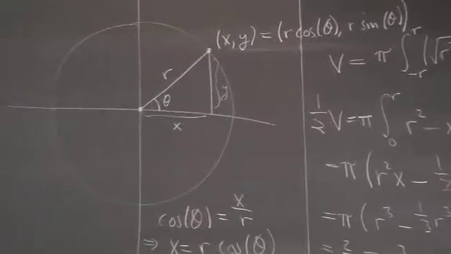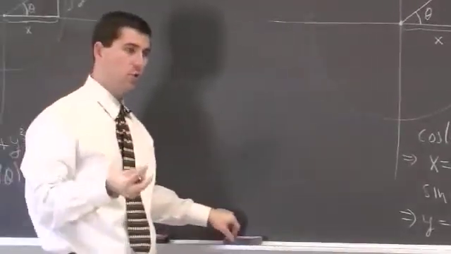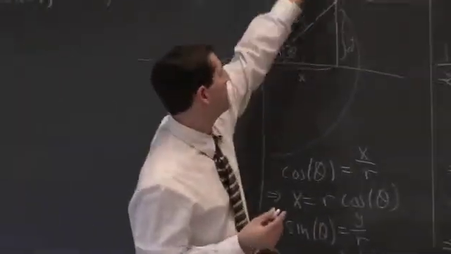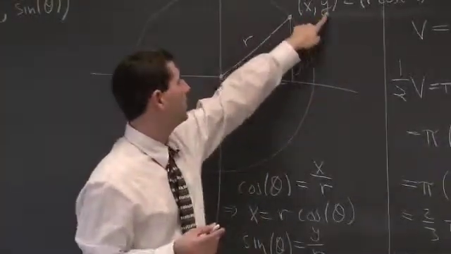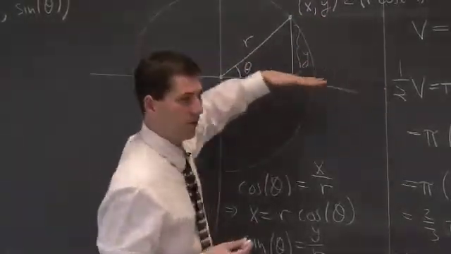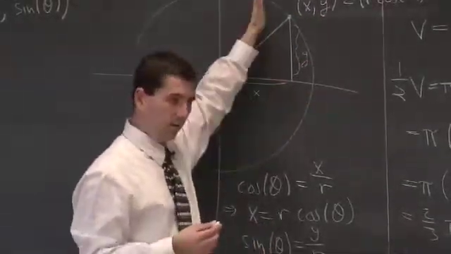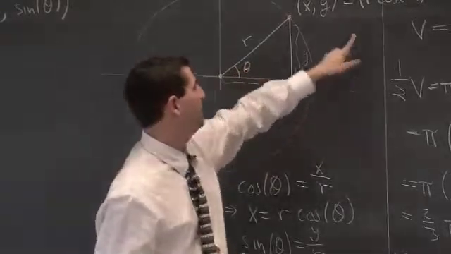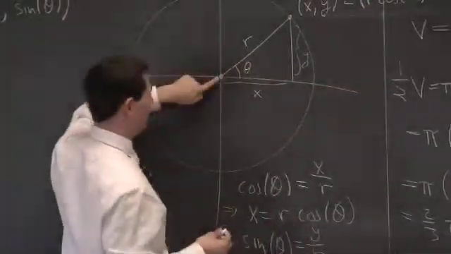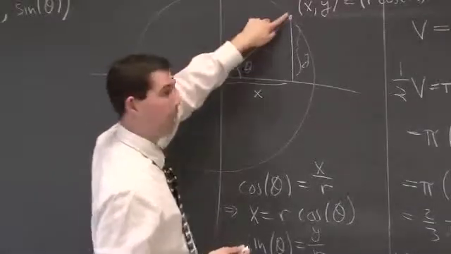So what this gives you is actually a way to change your coordinate system. Instead of specifying where you are in the plane by giving a point as x, y, how many units along the x-axis and how many units along the y-axis, instead, I can give you this number r, which is the distance from the origin to your point.